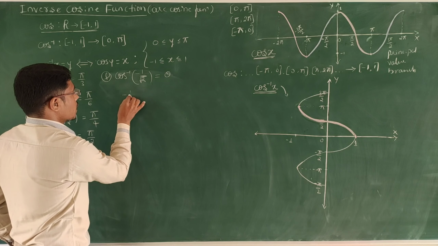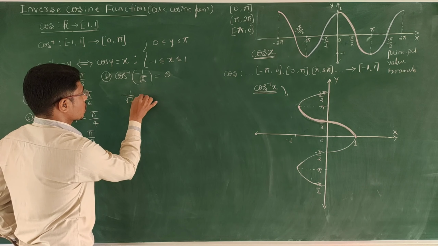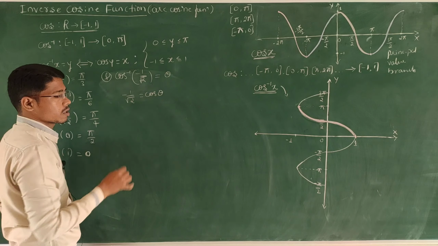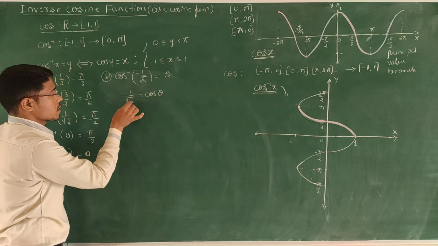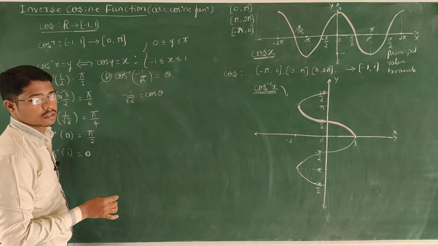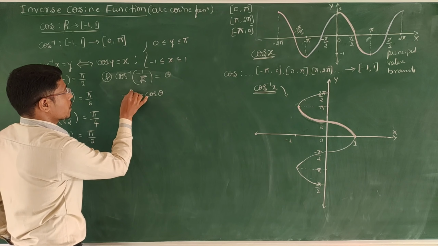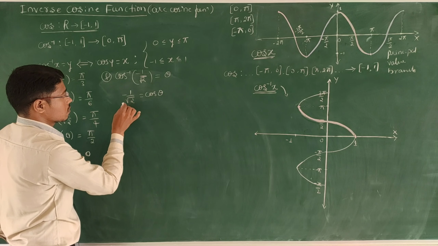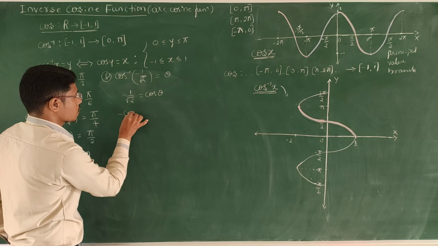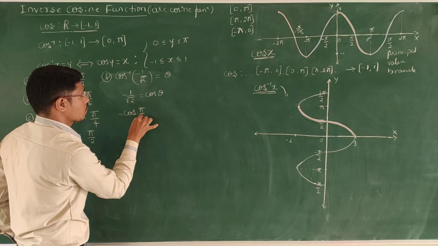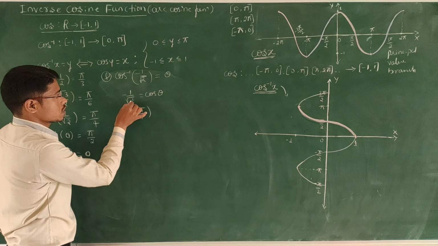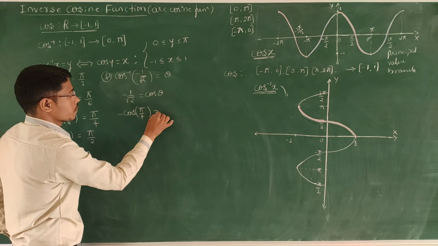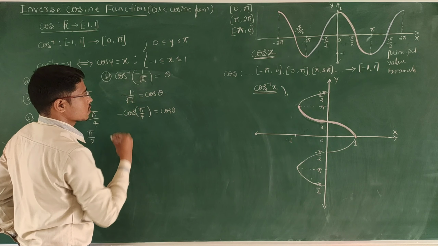So minus 1 by root 2 equals cos theta. Just leave the minus sign for now: cos is 1 by root 2 when the angle is pi by 4. So in place of 1 by root 2, I wrote cos pi by 4. This is equal to cos theta.